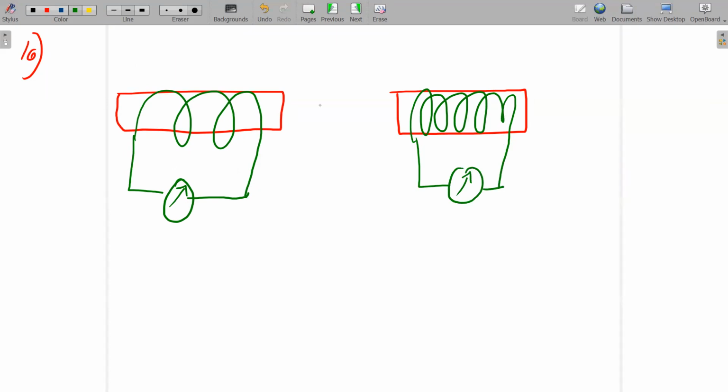Here you have a magnet. This is north, this is south. This value I call X. This value I call Y.